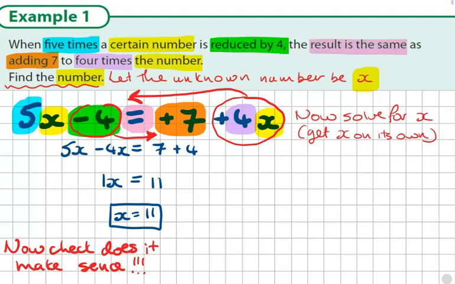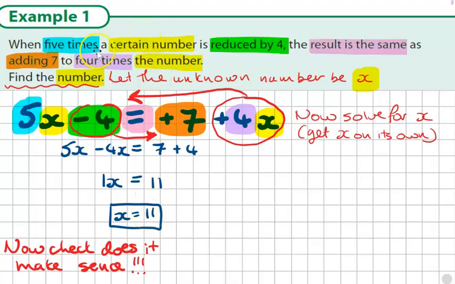Now we're going to check if it makes sense. The first part of the question said, 5 times a certain number is reduced by 4. So we reckon 5 times 11 minus 4 will be the same result as adding 7 to 4 times the number, which again we think is 11.